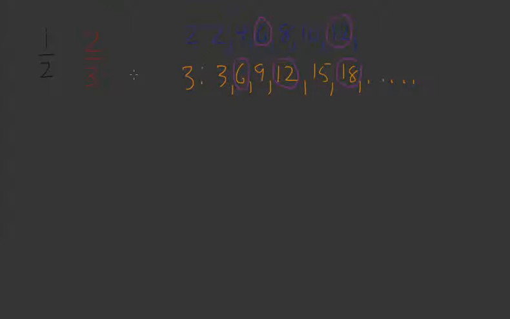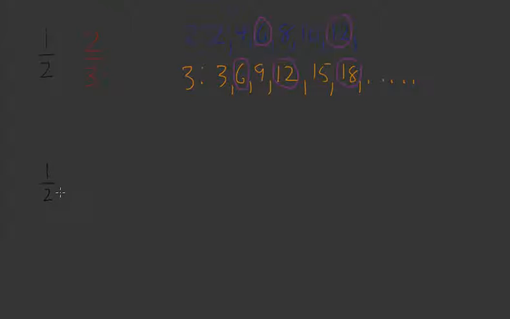Well, if that's the smallest common multiple, then we need to change the 1/2 and the 2/3 so that there's a 6 on the bottom. All right, so how do we do that? Well, here's the 1/2, and we have to change it to something that has a 6 on the bottom.